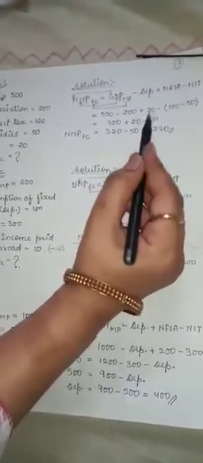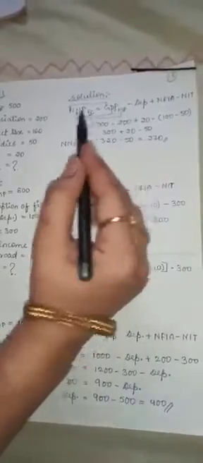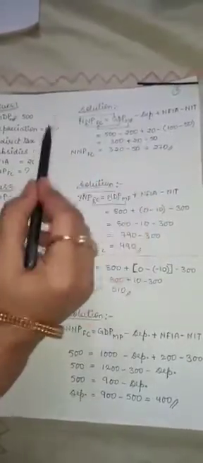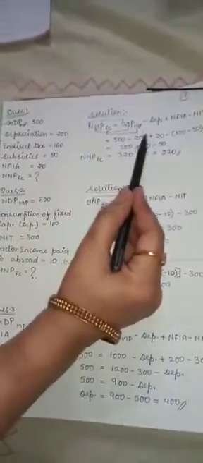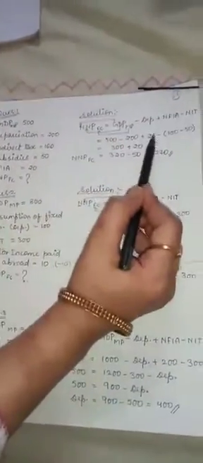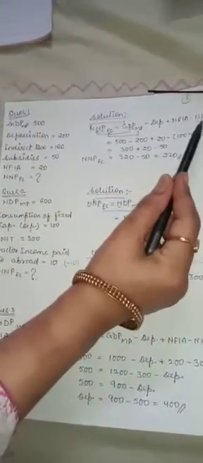Now put the values, whatever values are given in the question. GDP MP given is 500 rupees, we will write here. After that minus depreciation, minus 200, plus NFIA is given 20, so plus 20, minus net indirect taxes.